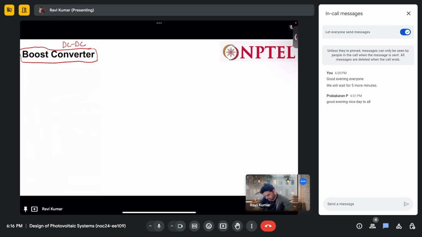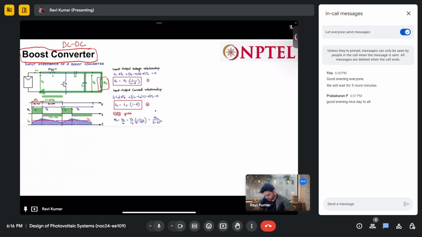So this is our load and this is our VT. We need this VT to change, or we can say RT here, because RT and VT will be interdependent. We need the resistance across this terminal to change, to track the maximum power point.